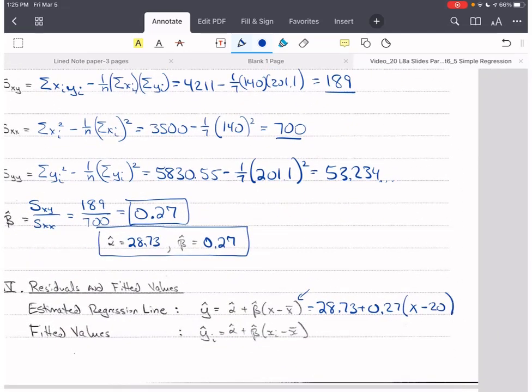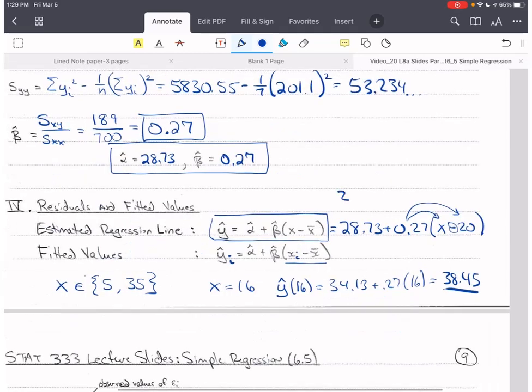And we could simplify this. So this is going to be 28.73 minus, I'm going to distribute the 0.27 times 20, so 0.27 times 20 plus 28.73. That's going to give me 23.33 plus 0.27x. So that will be my simplified regression line.